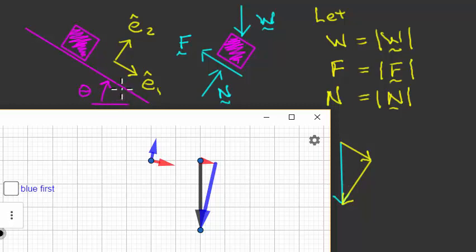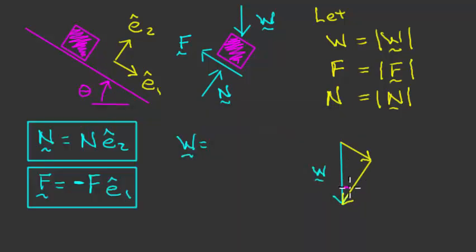If I make theta pretty big, close to 90 degrees, look what happens. Then this angle down here gets close to 90 degrees, right? So it seems like this angle down here is the one that corresponds to the angle of the ramp. So tentatively, let me just say that this one is theta.